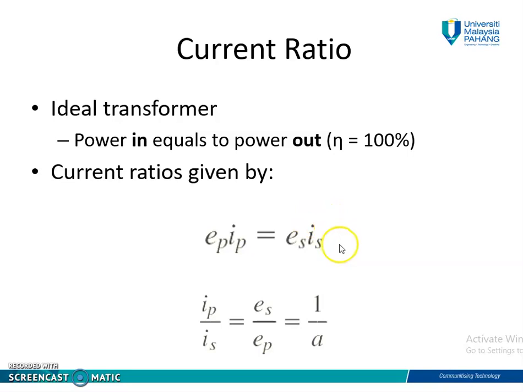When we rearrange this equation, we get the current in the primary winding divided by the current in the secondary winding, equal to the induced voltage in the secondary winding divided by the induced voltage in the primary winding, which is equal to 1/a.